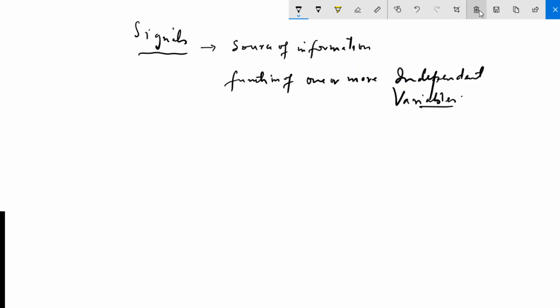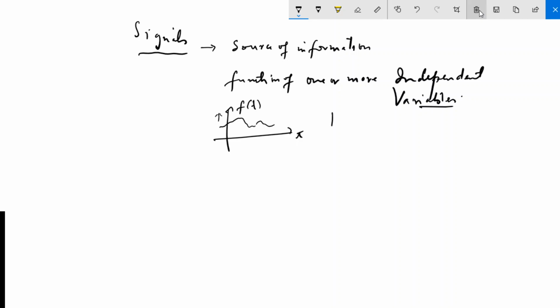Suppose you have time on this axis and a function of time. This may be the amplitude of the signal, and it varies with respect to time. This is what a signal is. On the y-axis you may have a voltage or a current, and that is a function of time.